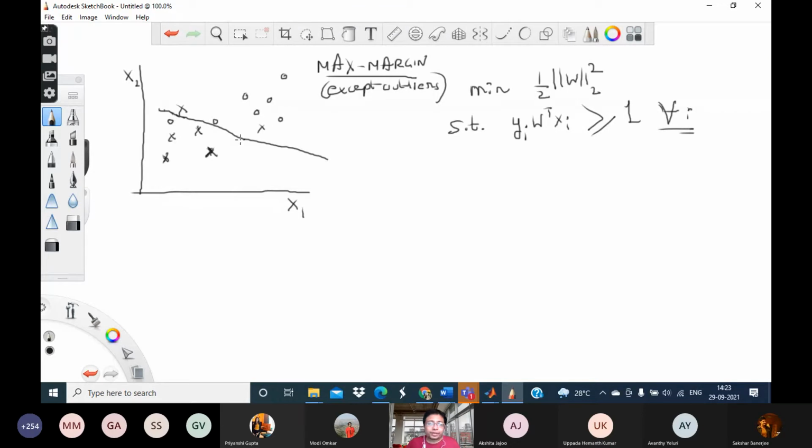That is to say, for different values of W, we will end up misclassifying a different set of points. So we cannot unanimously say that this point is always an outlier or that point is always an outlier. For some points maybe we can, but in general for most points we cannot.